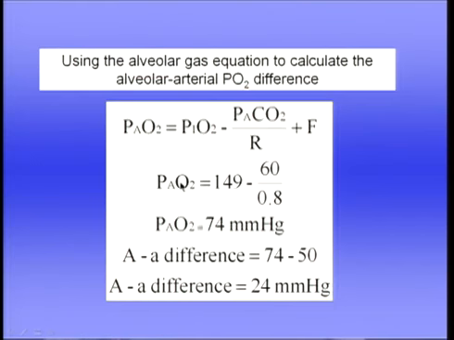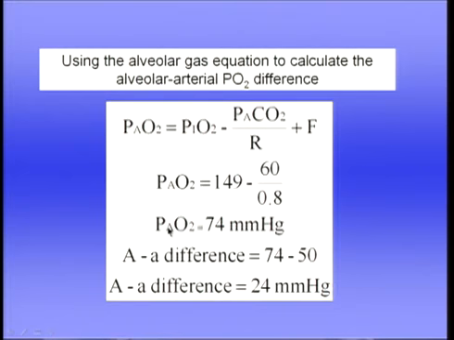Let's calculate it. The alveolar PO2 is equal to 149, that's the inspired value because this patient is breathing air at sea level, and 149, you remember, is 21% of 713, minus the PCO2, which we were given, was 60, divided by the normal respiratory exchange ratio, which is 0.8. Sometimes we are able to measure that, but often we just assume something like that in the resting subject.